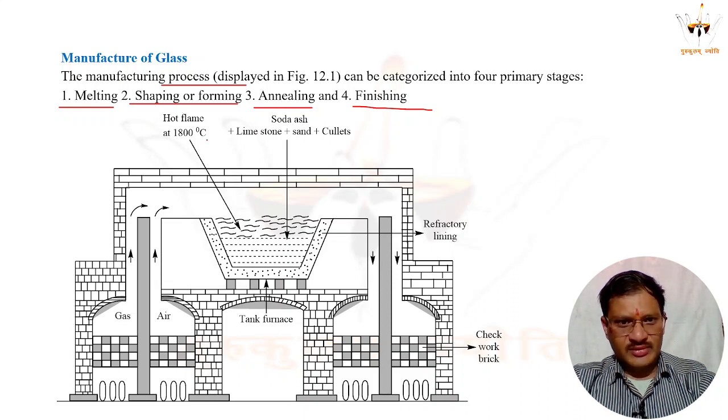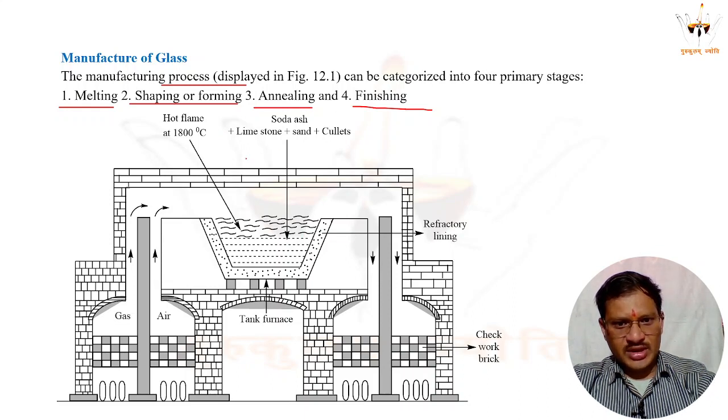The hot flame at the temperature of 1800 degrees centigrade is supplied to the mixture of soda ash, limestone, sand, and chelates for the preparation of glass. Why is it? Because we have a number of other ingredients, which we just learned in the earlier slide.